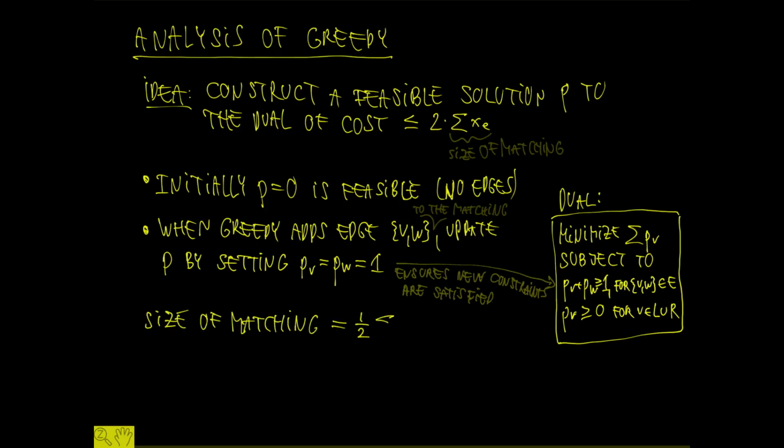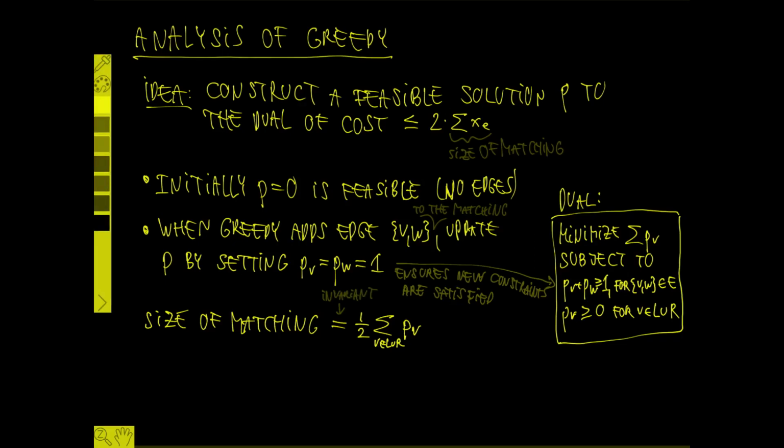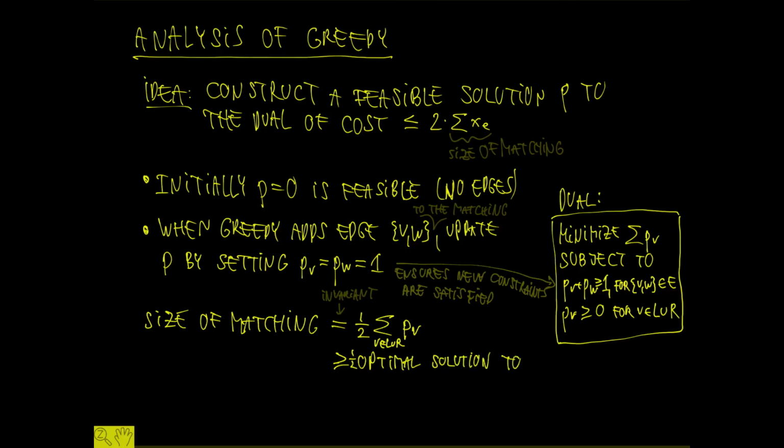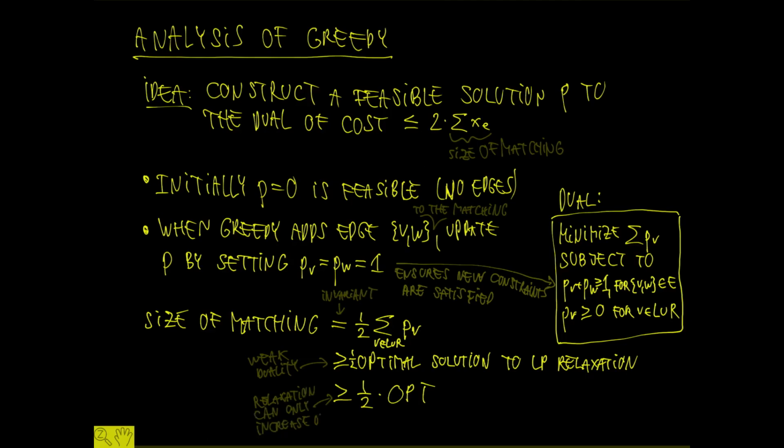Since we only increase the P variables when we add an edge, we know that the size of the matching is at least 1/2 times the sum of the p_v variables. In turn, this is at least 1/2 times the optimal solution to the LP relaxation, which in turn is at least 1/2 times opt. So here we use weak duality and the fact that relaxation can only increase the objective value.